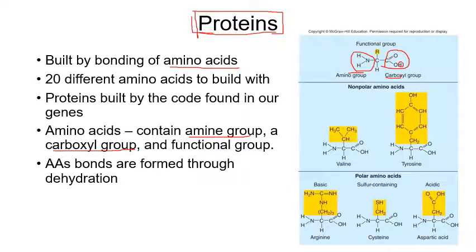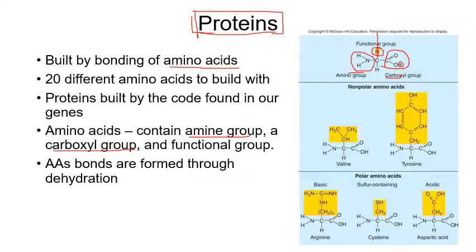Okay, so every single amino acid has this amino group and this carboxyl group. What differs between the amino acids is what carbon, hydrogen, oxygen, whatever atoms are put here.